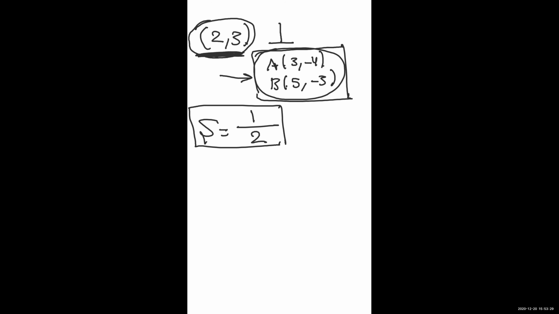How? Simply, they are perpendicular, so if this one is slope 1, slope 2 will equal what? Perpendicular means that the multiplication of both slopes will equal negative 1.